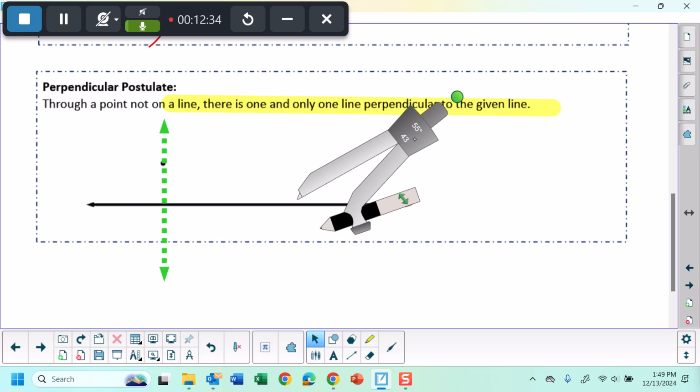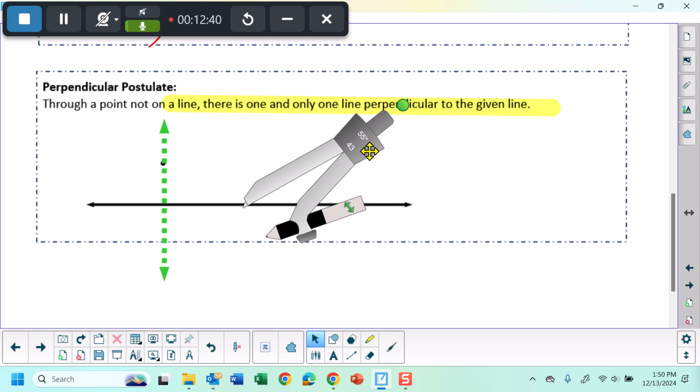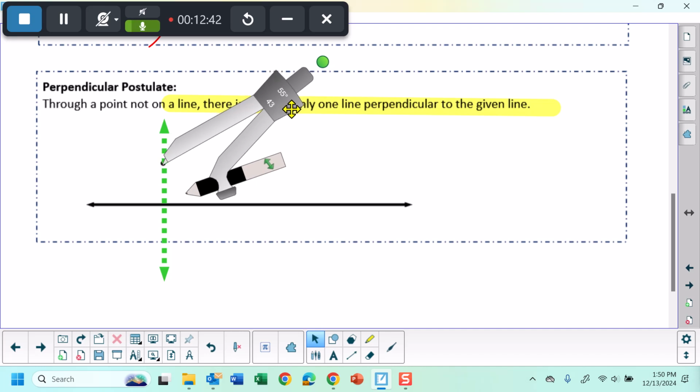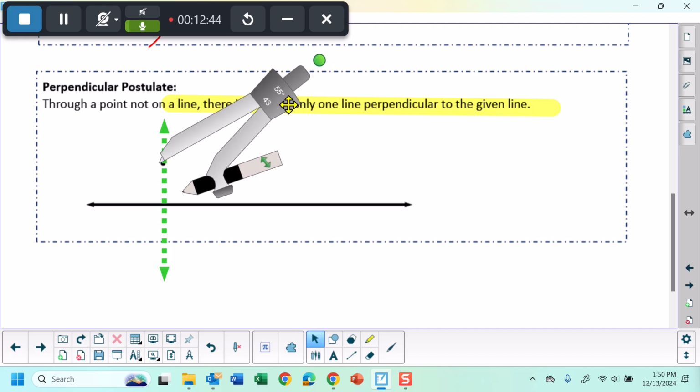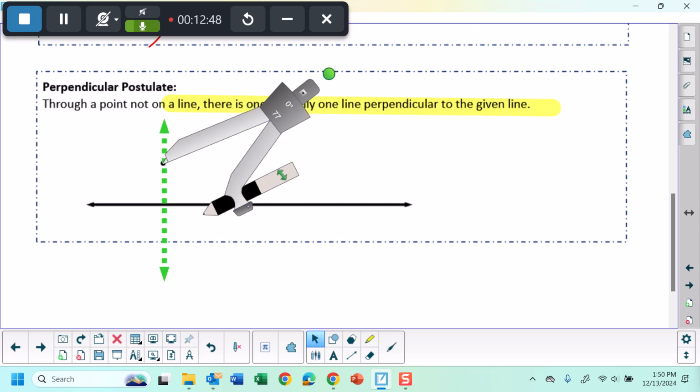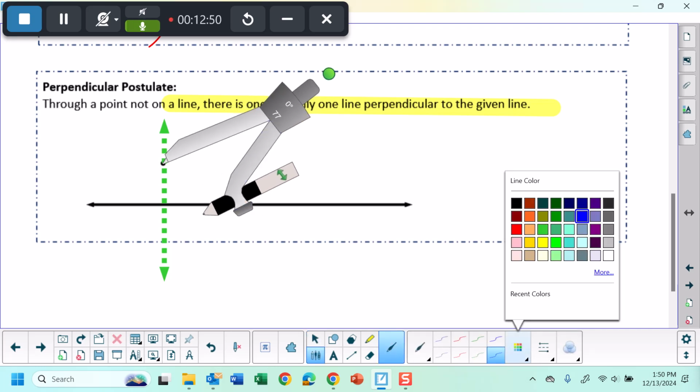Here's the problem. You can't bisect a line. But you have the perpendicular bisector theorem fresh in your brain because you just took a test on it last class. And what that theorem says is any point on the perpendicular bisector is equidistant from the endpoints of that segment.